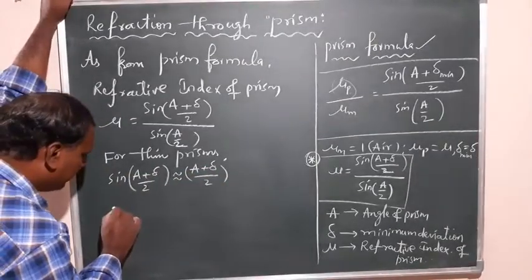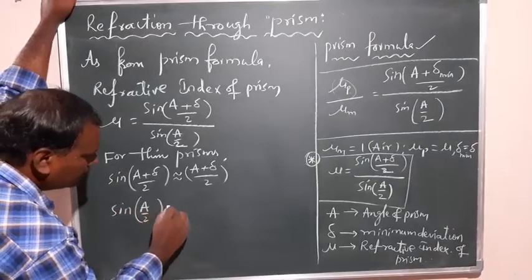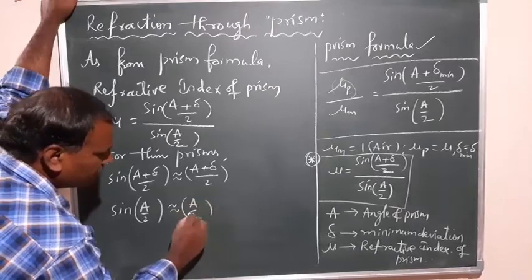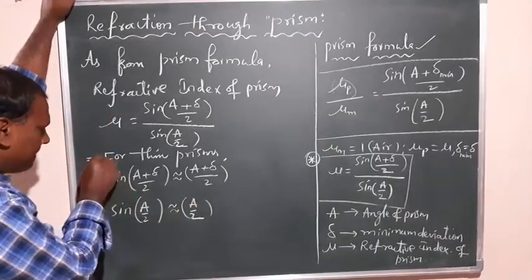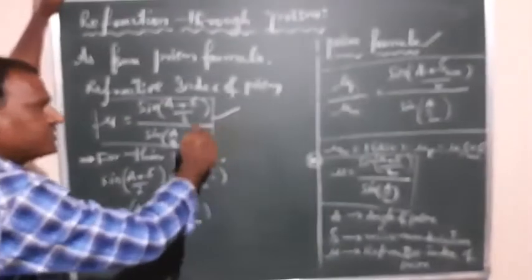Similarly, sine of A/2 is equal to only A/2. There is no trigonometric function. This is possible only for this condition. Otherwise, if the prism is not a thin prism, then you have to apply this equation. This is the prism formula.